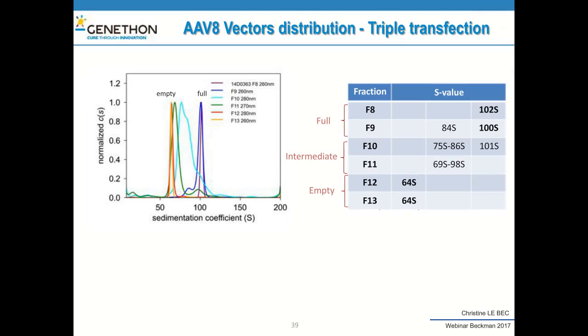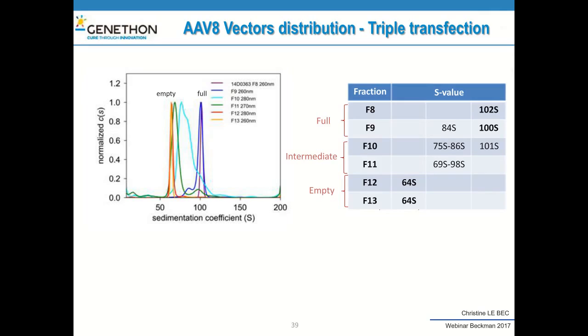We make an analysis of the fractions which contain some VP particles, fraction 1 until 13, and you can see the full particles, which for AAV8 are in fractions 8 and 9. You can have a nice peak around 100S.